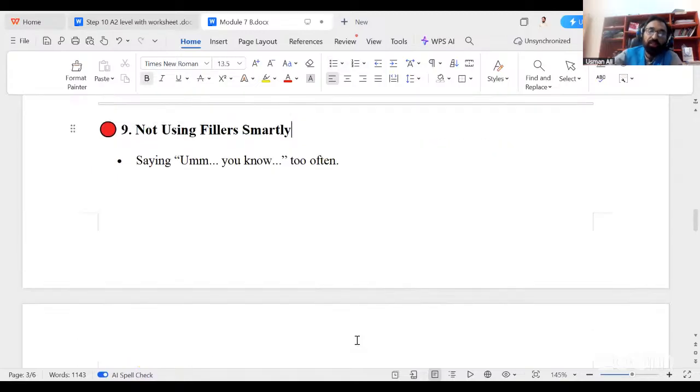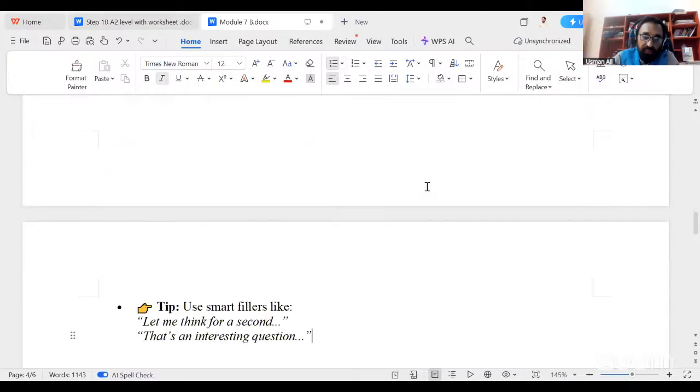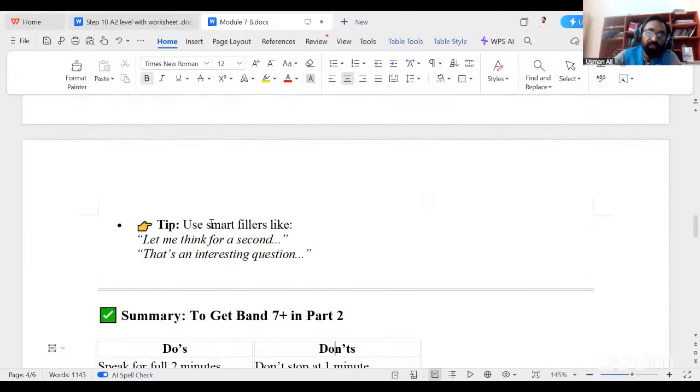If you are ignoring fillers and not using them wisely, it can bring you lower bands. For example, saying "mhm" too often, all the time, you will not do that. Use smart fillers like, let me think for a second.